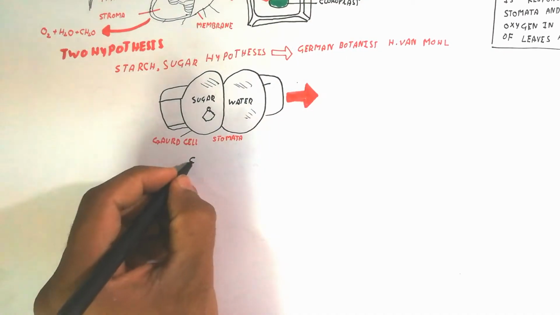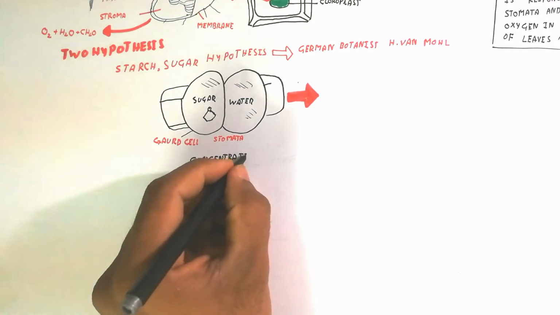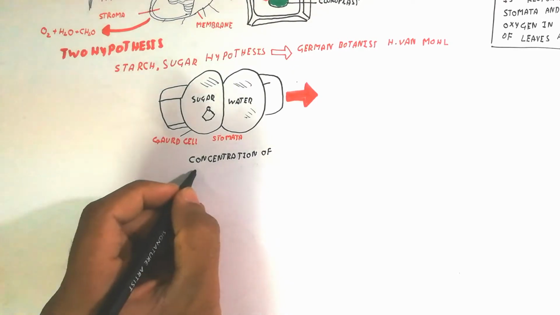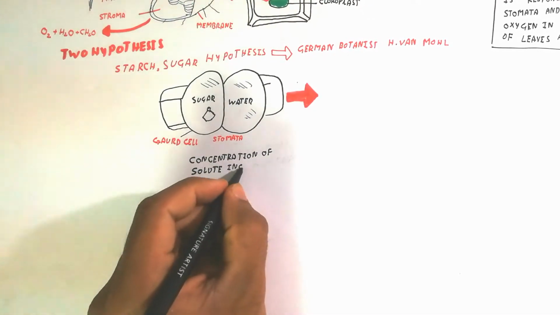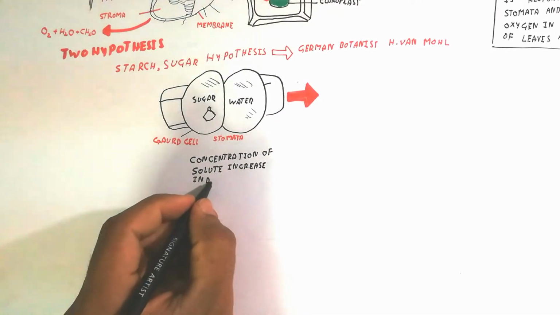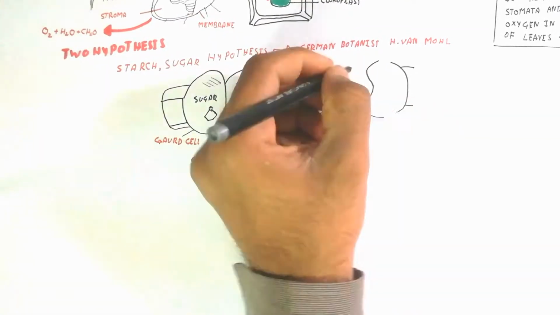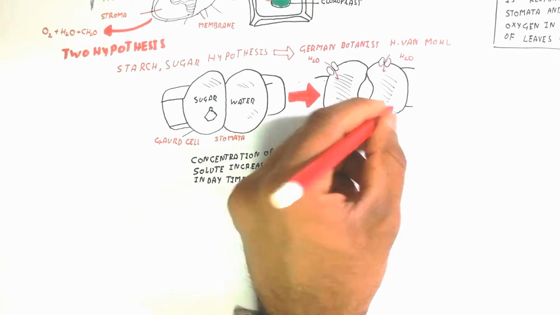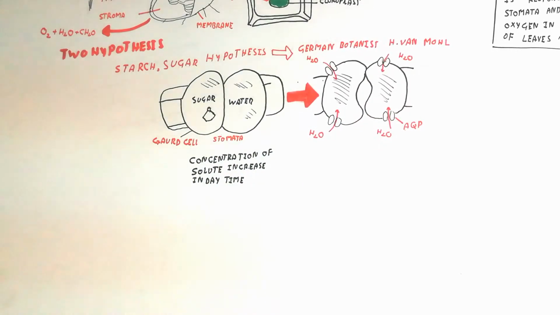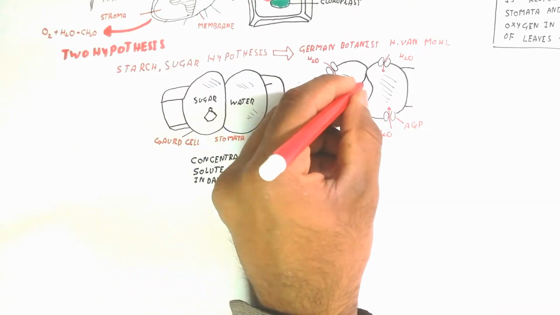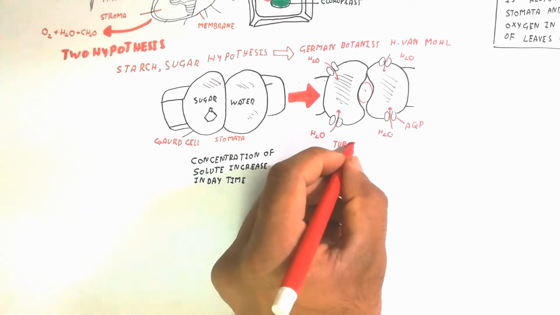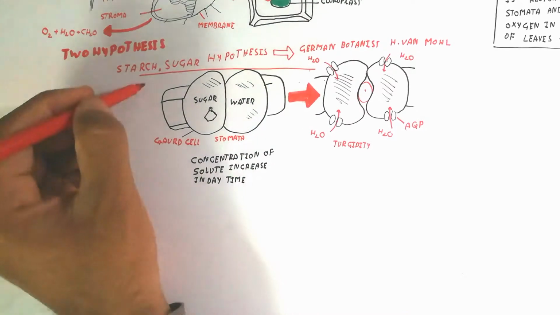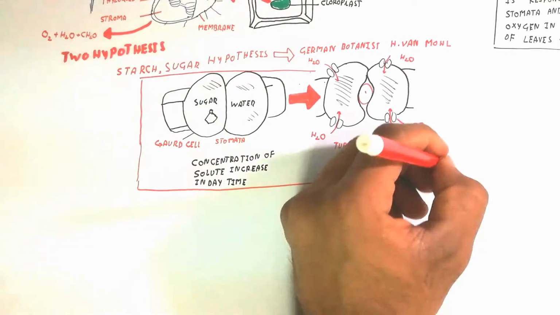Sugar accumulates during the daytime, meaning the sugar will accumulate in the guard cell. The solution in the guard cell is a concentrated solute, and that concentrated solution is responsible for water entering the guard cell. The entering of water into the guard cell is responsible for turgidity.